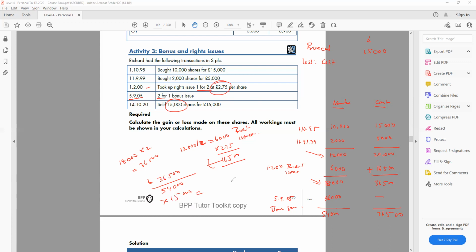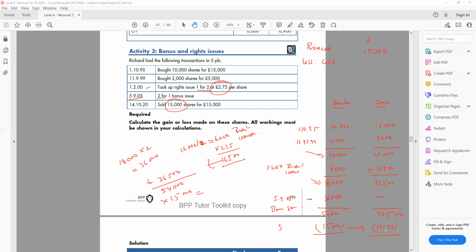So 36,500 divided by 54,000 times 15,000 gives you 10,138.88, but you can take 10,139. So for 15,000 shares, the cost is 10,139.